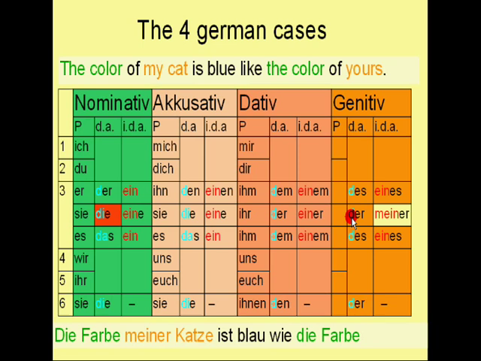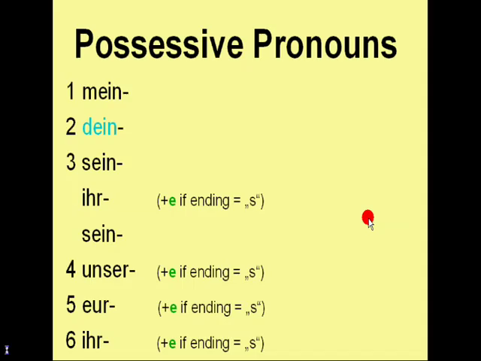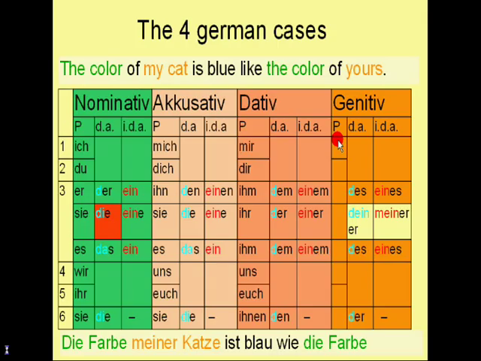And what is the grammatical person of yours? The grammatical person of the possessor is the second person singular with the word stem dein. So we replace the D here with the word stem dein. The word is deiner. And the sentence reads Die Farbe meiner Katze ist blau wie die Farbe deiner.